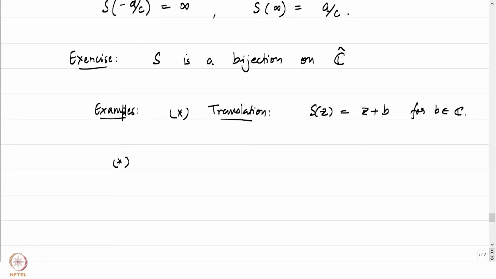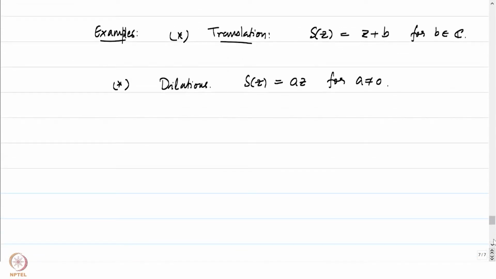Another group of Mobius transformations of great interest is dilations. S of Z is equal to A times Z for A not equal to 0. How about the third one? The third one is the inversion.